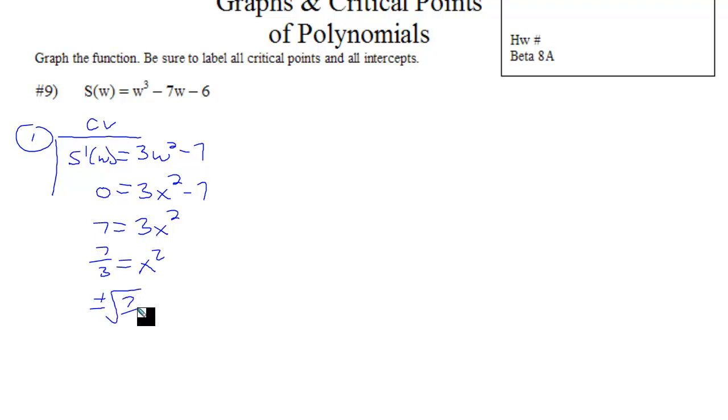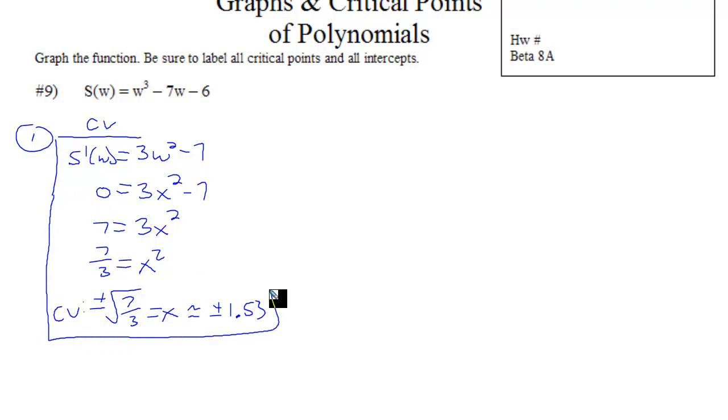Square root both sides, we get plus or minus the square root of 7/3. Incidentally, that is approximately 1.53. You need to know what that is approximately, so when you pick test points, you pick them in the right direction.